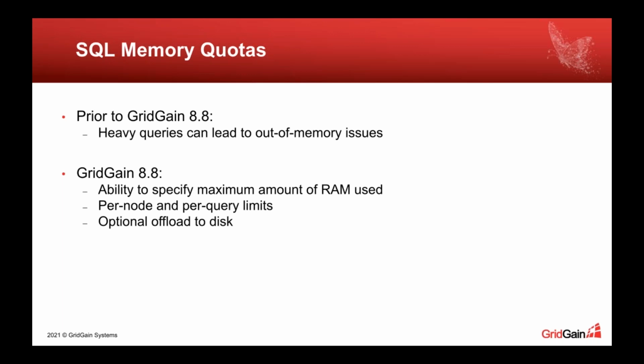So for heavy queries that require a lot of data to be processed in memory, we couldn't really stop JVMs from going out of memory, essentially, in this case. But all we can do is limit the amount of data fetched from off-heap space to the Java heap, and that's essentially what memory quotas are.